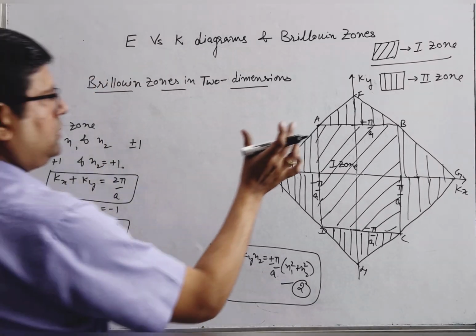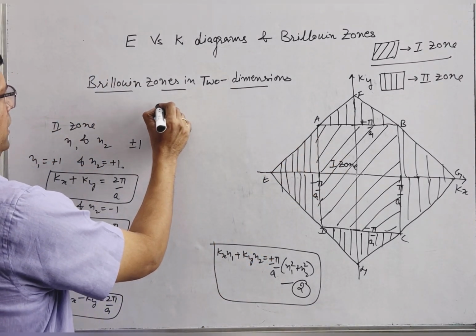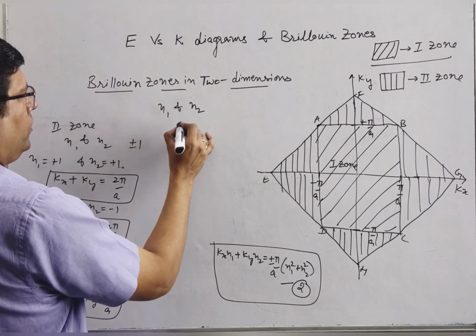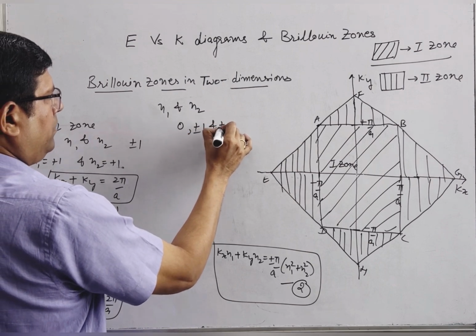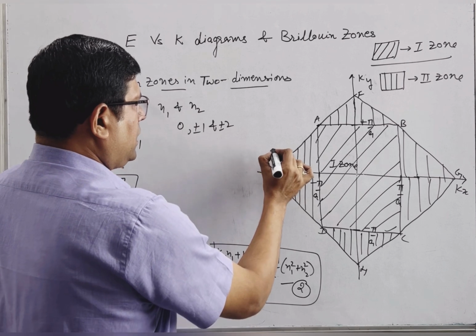Okay, now the third Brillouin zone in two dimensions can be drawn by taking the values of n1 and n2 as 0, plus minus 1, and plus minus 2. So we can draw it directly.